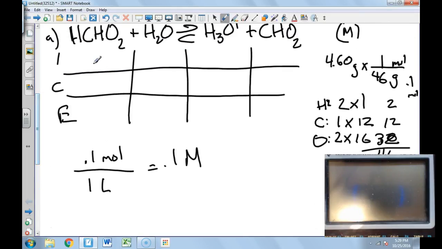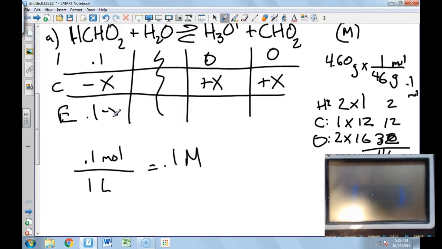So now we go here, 0.1, then 0 here, 0 here. Now we're going to subtract x. Keep in mind that reactants are lost during a reaction, and the products are gained. So this is going to be minus x, so it's 0.1 minus x, x, and x.